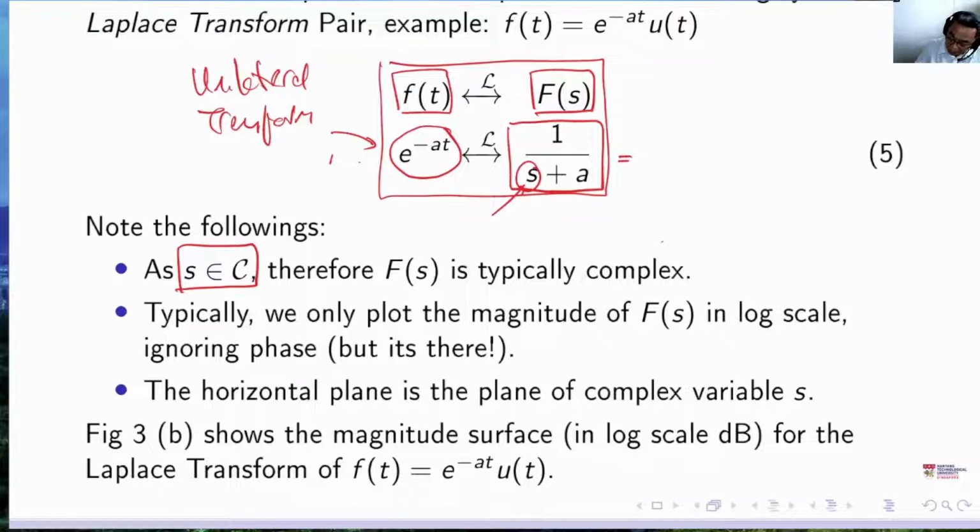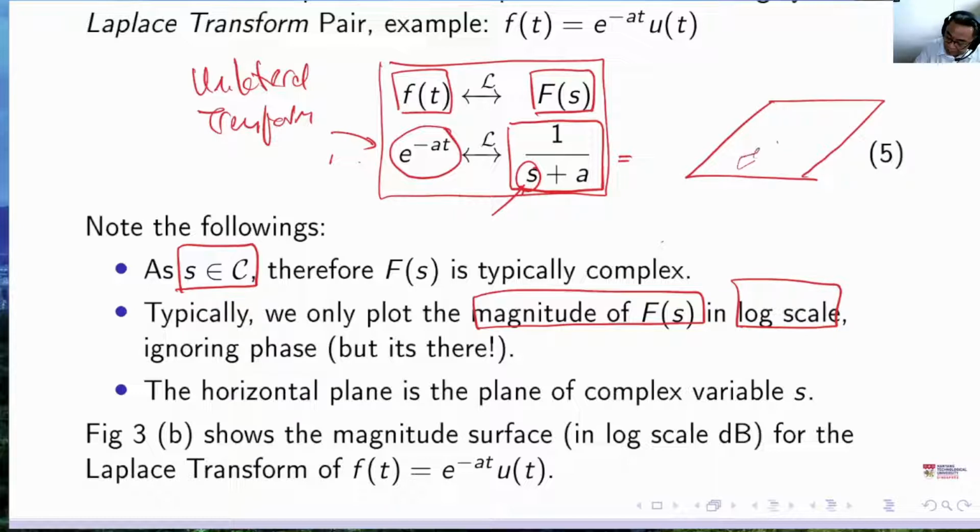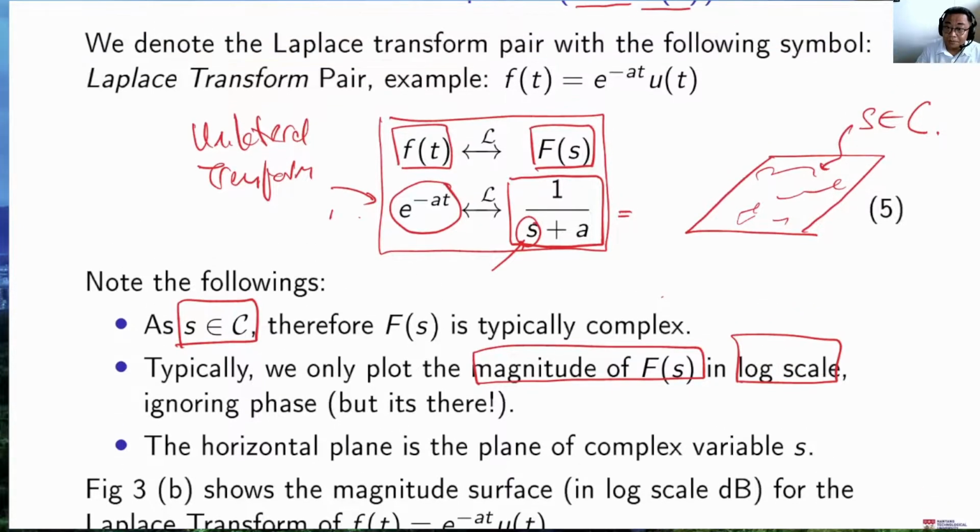Okay, now we can plot the complex surface typically in the log scale or the magnitude scale, so you must be careful here. So if you say this is my s, the entire s, which is the complex number, and then now you have to plot the magnitude, so you get here the magnitude of F(s), and for every point you can plot some magnitude and you'll get a surface.